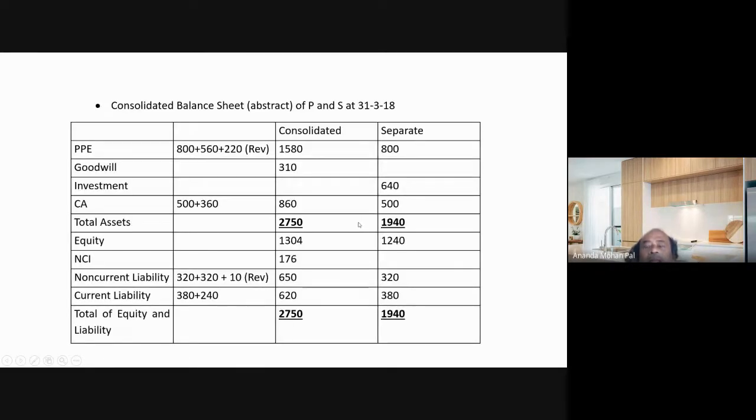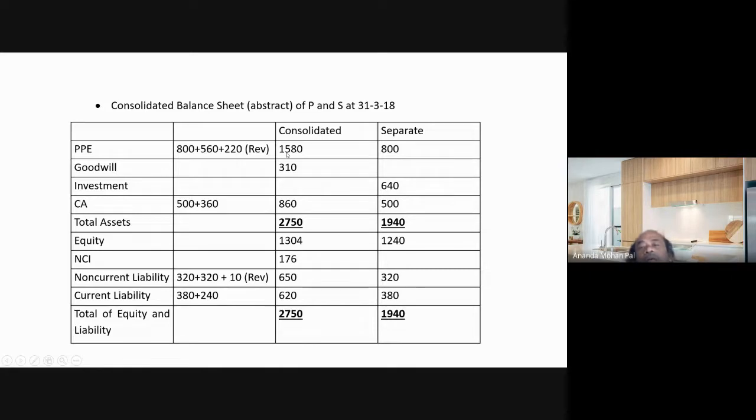Then the balance sheet. Here, PPE, you see, separate, parent's own 800, and that is under separate. Then subsidiary's book value 560, plus revaluation 220.